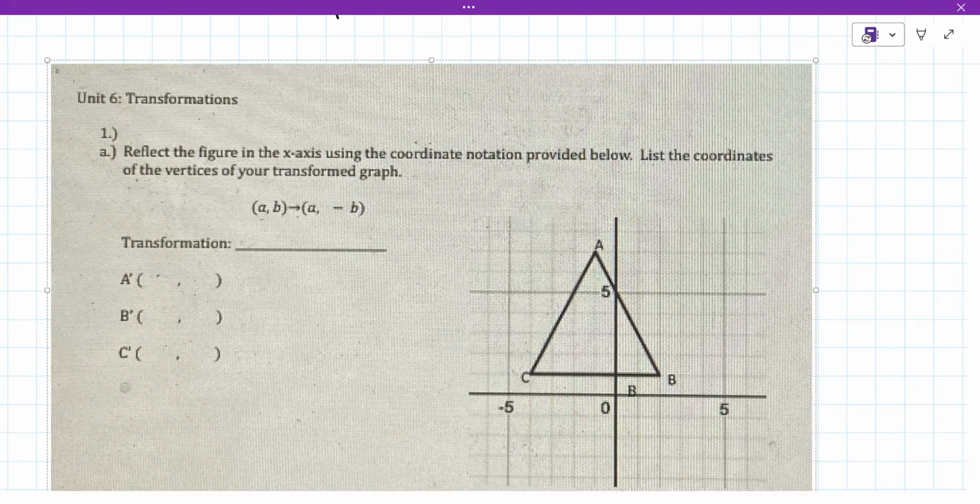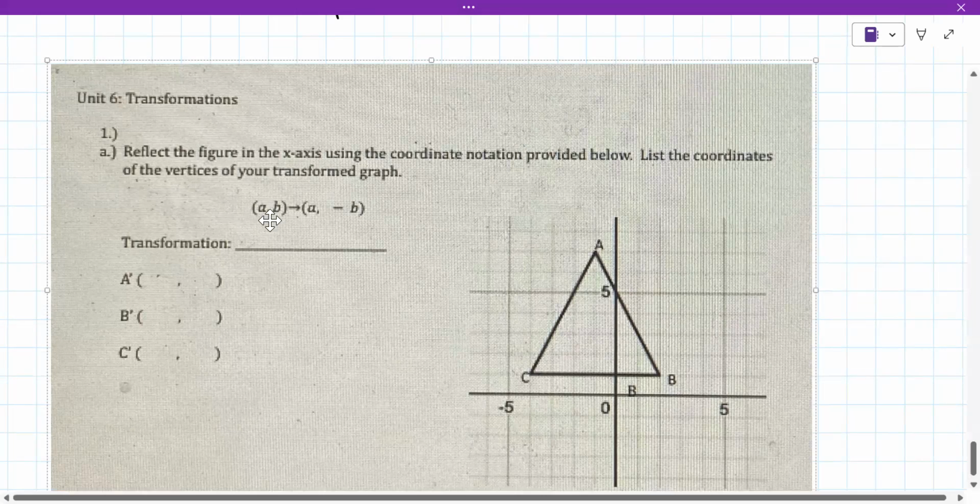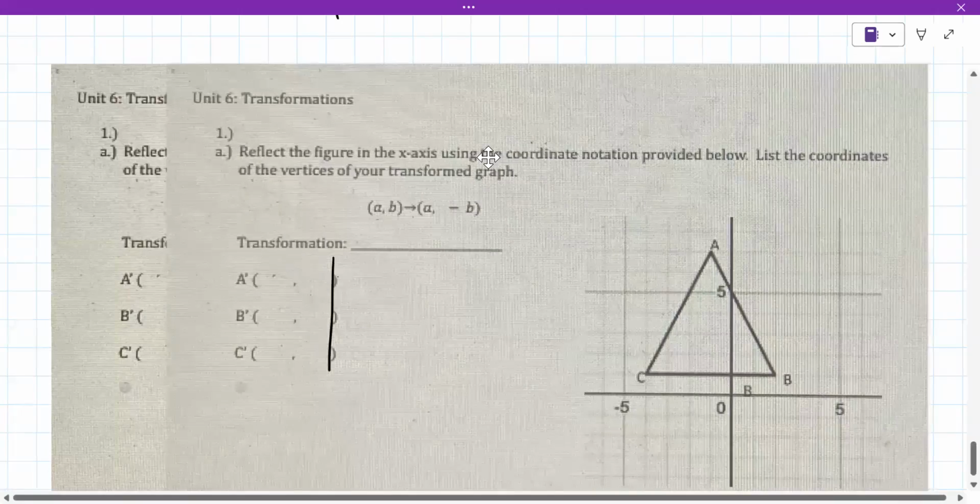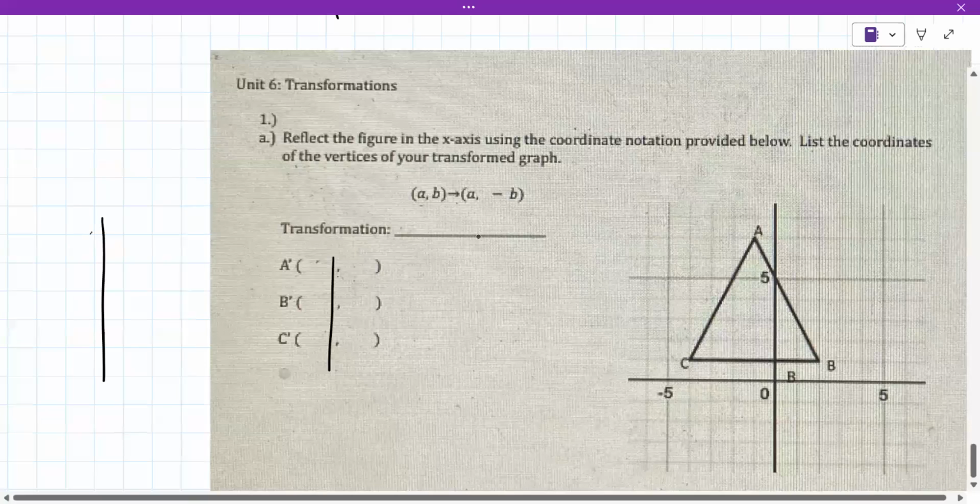Here they're giving you the transformation. They're telling you that (x, y) goes to (x, negative y). So you just need to write the ordered pairs. You don't have the original, I would like to see the originals, but this is written really weird. Okay, I'm going to move this to the right. We're going to make a little table here.